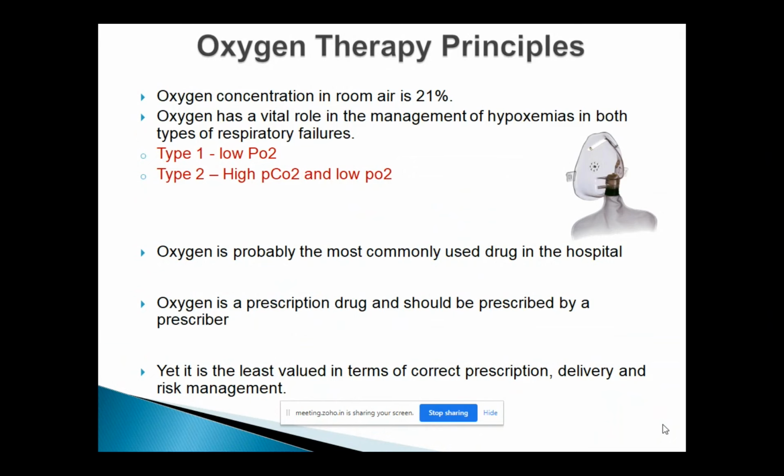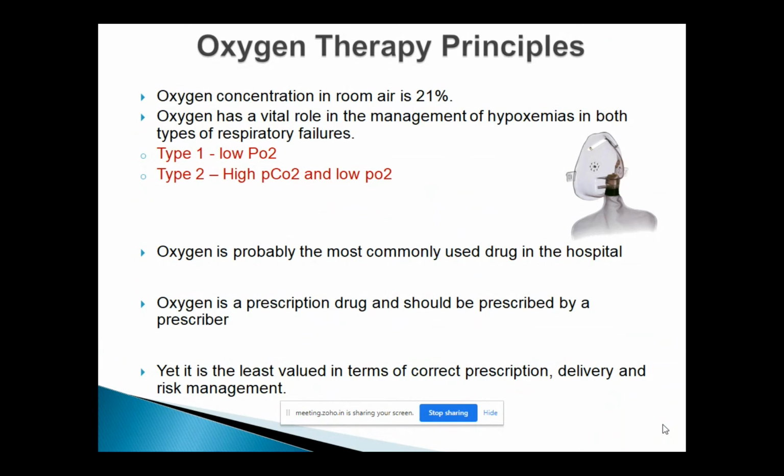Nitrogen is the largest part of the air, at 78%, and you have argon and carbon dioxide. So if your tidal volume is 100 ml, the oxygen in it is 21 ml. If your tidal volume is 500 ml, which is a tidal volume for adults, approximately 100 ml is oxygen and 400 ml is the rest of the air. That's what oxygen concentration on room air of 21% means.